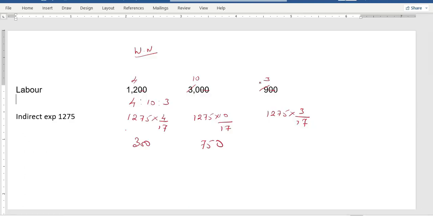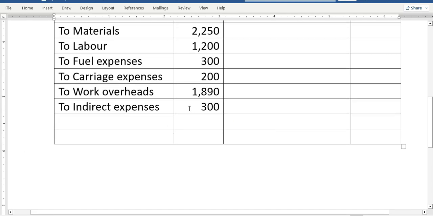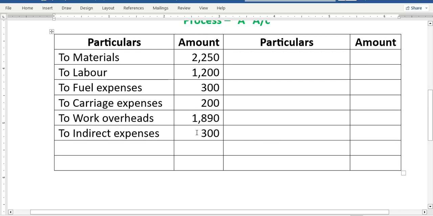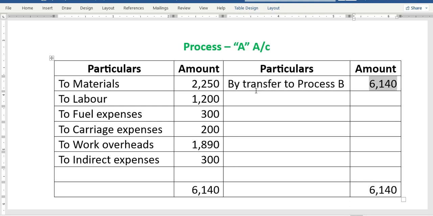So the indirect expenses for A is 300, B is 750 and C is 225. Adding all this amount, we get 6140. There is nothing to post on the credit side, only the closing balance, that is, by transfer to process B. The entire closing balance of 6140 is transferred to process B.